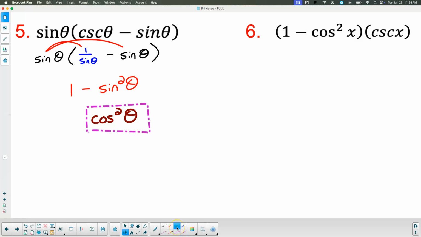One minus cosine squared, based off of the hammer, is sine squared.